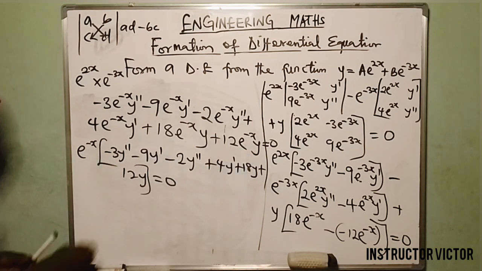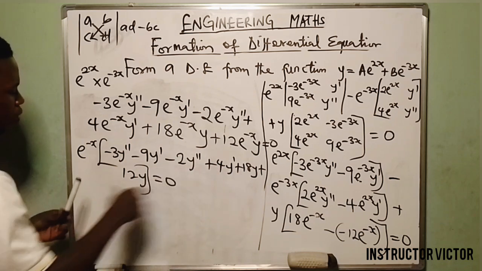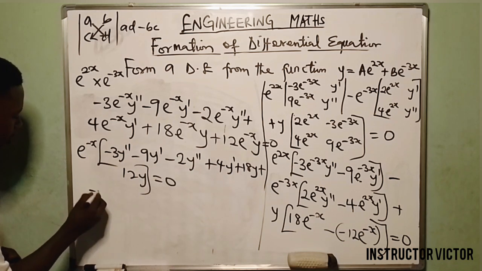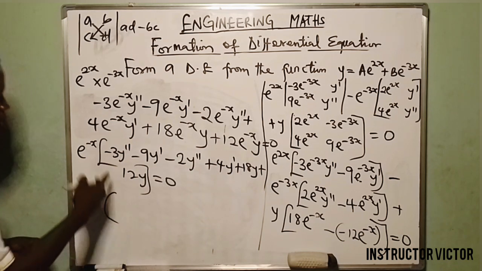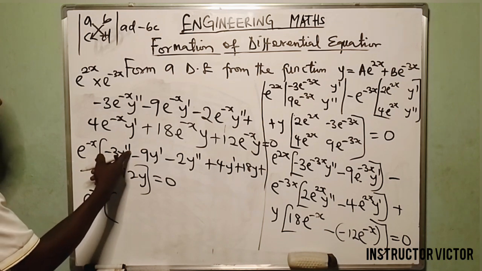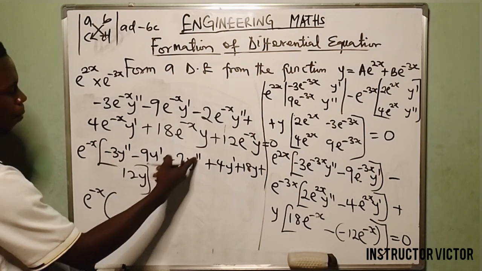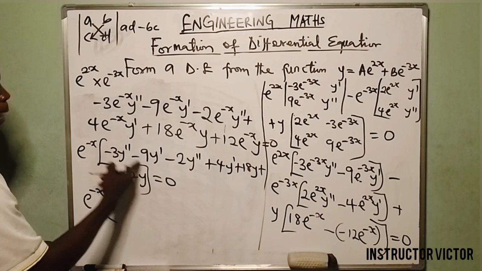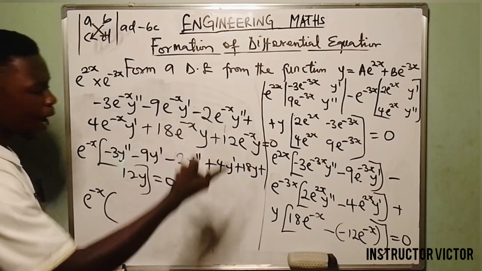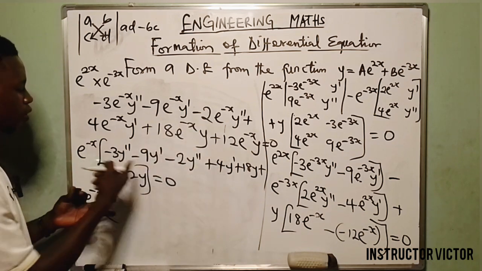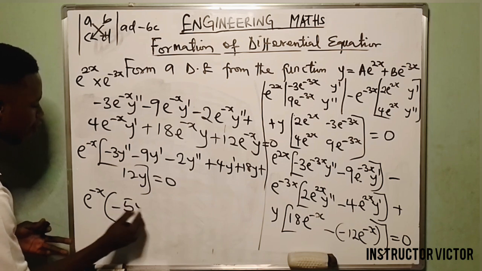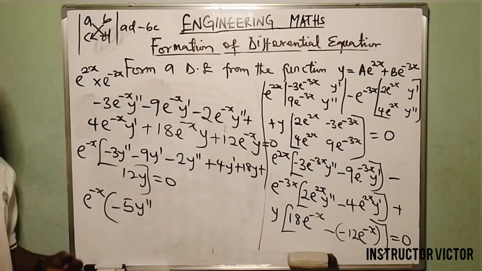Now let us collect like terms from what we have here. We now have exponential minus x times minus 3y prime prime minus 2y prime prime. Minus minus, this will give us minus 5y prime prime. Let's not stress it.